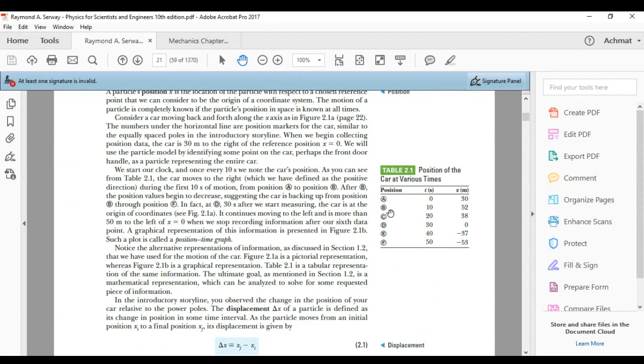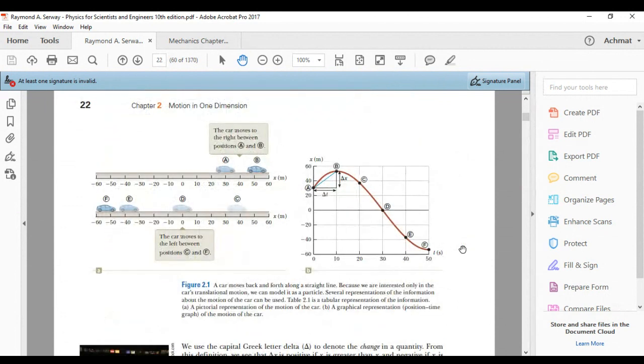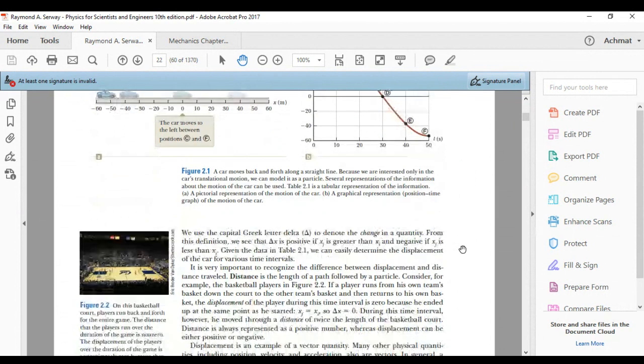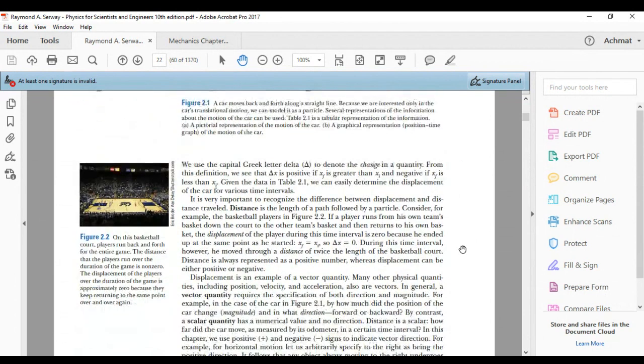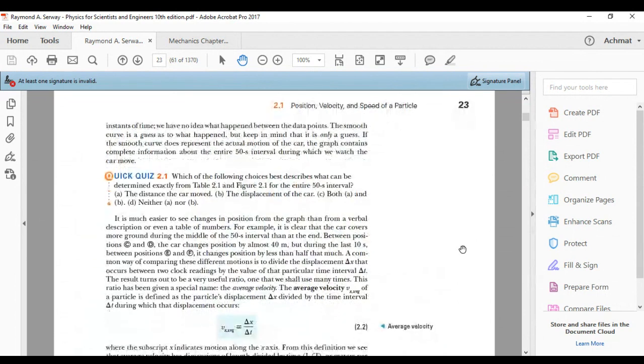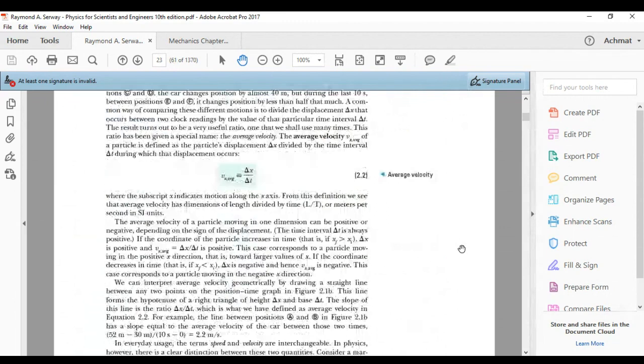We are only interested in A and F as in the question. So the time there, tf, will be 50 seconds, and the position at F will be minus 53. Right, minus 53. We'll have to go back there. Now remember, we said there was 30 and minus 53. Right.